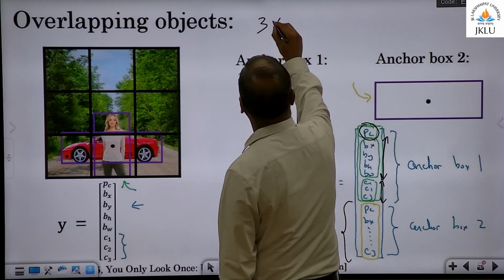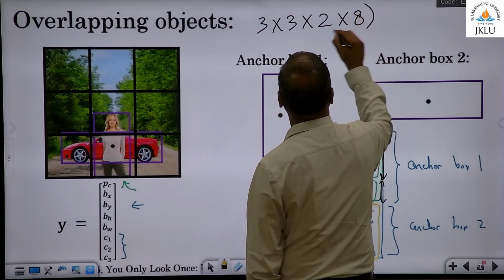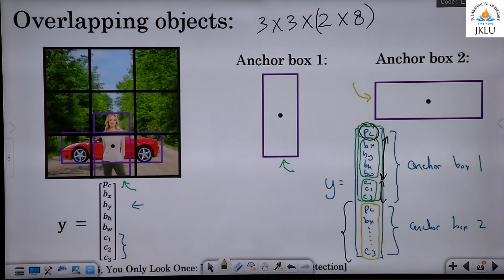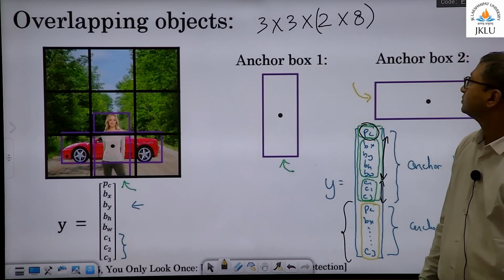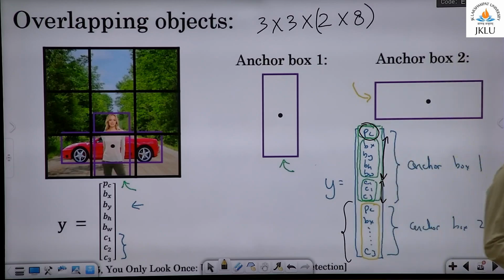Three cross 2 cross 8. Okay. Right? Yes.